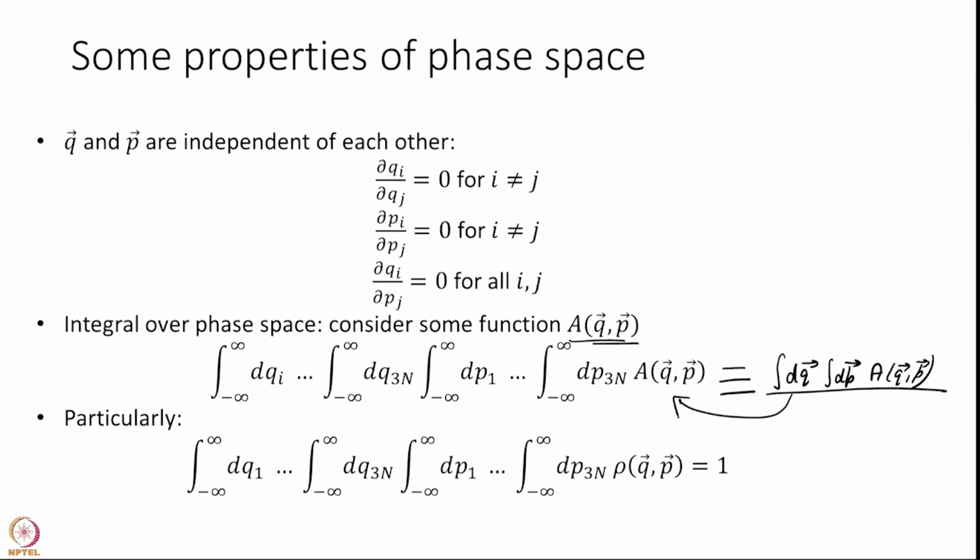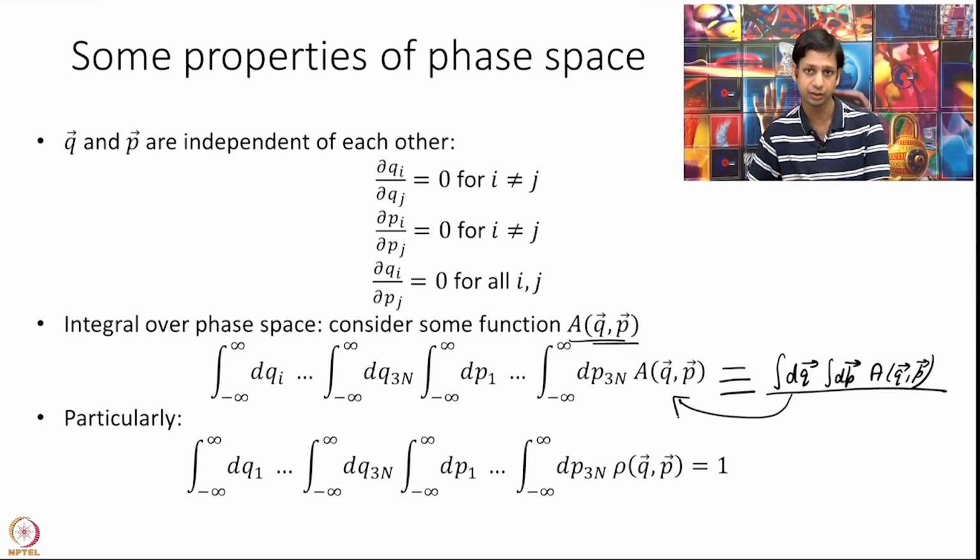One property of density matrix that I want to really highlight: if I integrate density matrix over all coordinates and momentum, what should I get? I should get 1, because remember what is density? This rho is the density of finding the system in a given point x comma p. Well, if I integrate over all x and p, the system has to be somewhere.